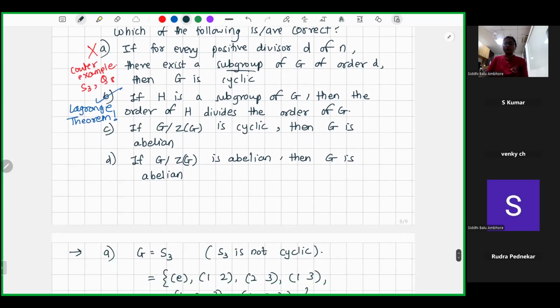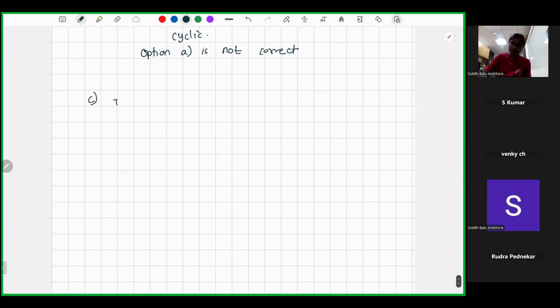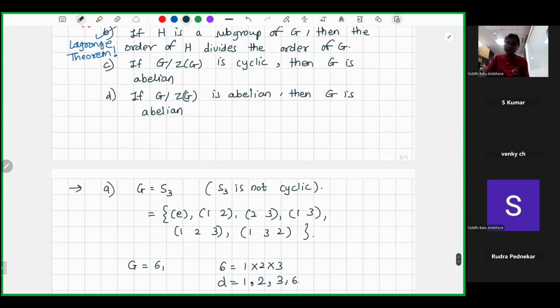Okay, and what about this statement, that if G mod ZG is cyclic, then G is abelian? What is your guess for this statement? Let me just write C here: if G mod ZG is cyclic, then G is abelian.